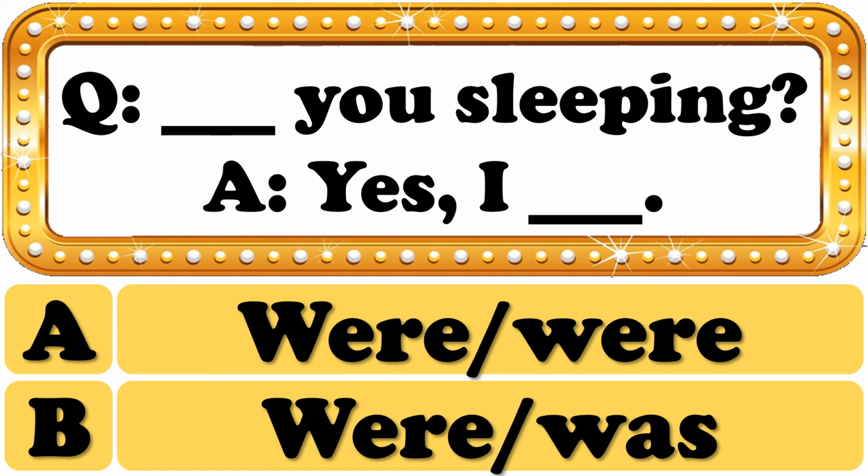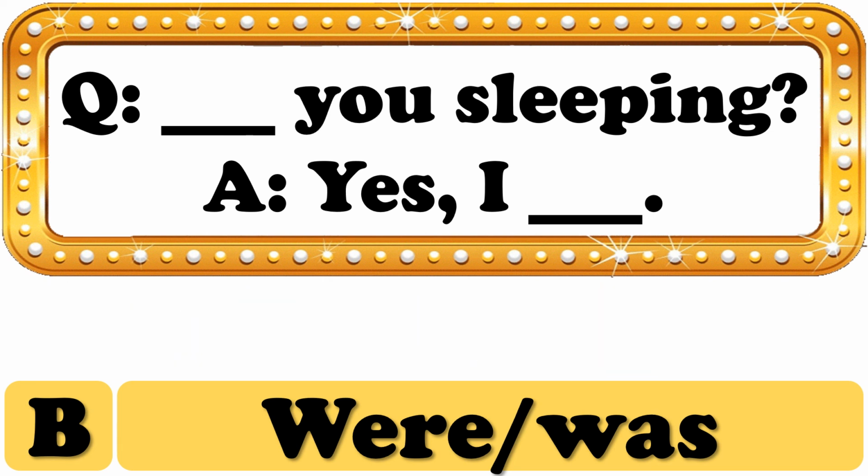Read carefully because there are two missing parts. We have the question and the answer. Would you use A or B to finish this question and answer? Look carefully. The correct answer is B. Were you sleeping? Yes, I was.